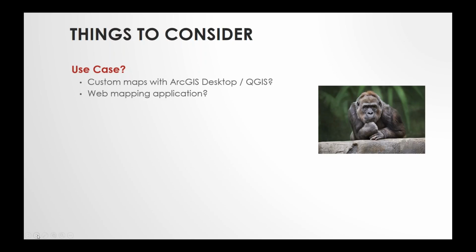You're stuck with whatever the symbology is, the way it's been set up. However, there may be map services that are configured in a way that within the web mapping environment, you can override the symbology. I'm not going to get into all those details today, not enough time for that, but it's important to pay attention to those things depending on your use case.